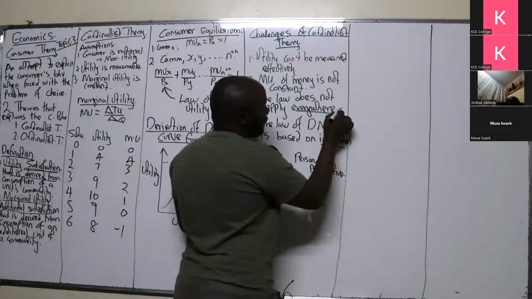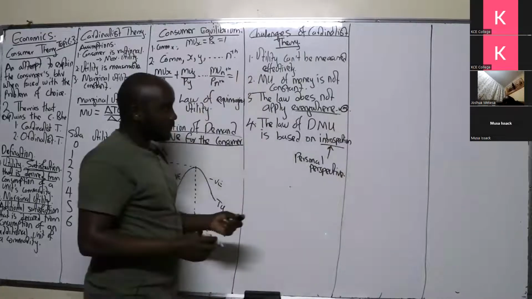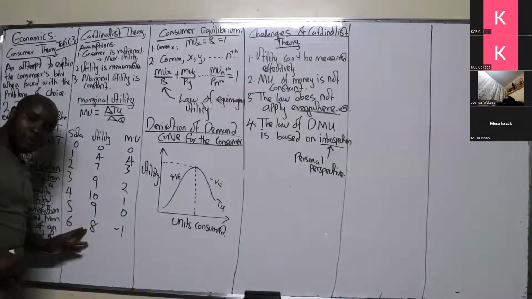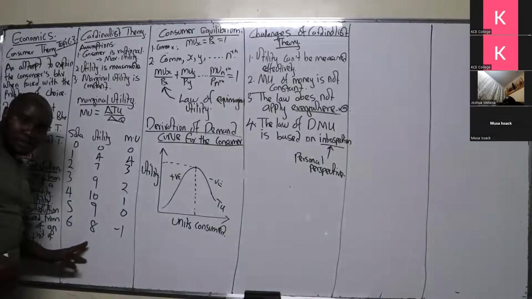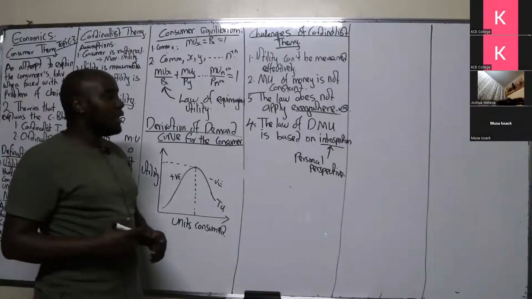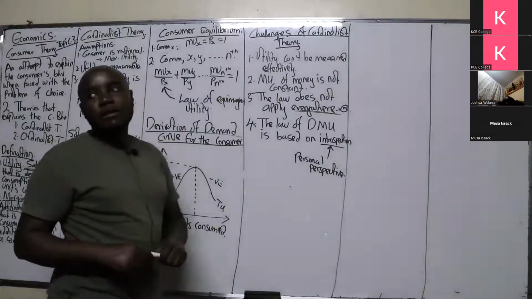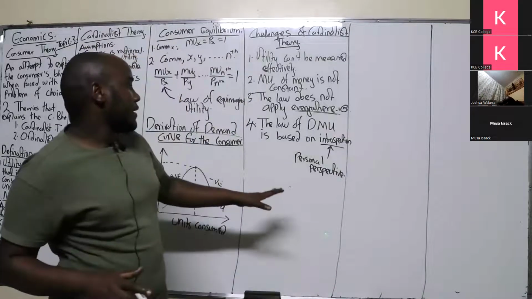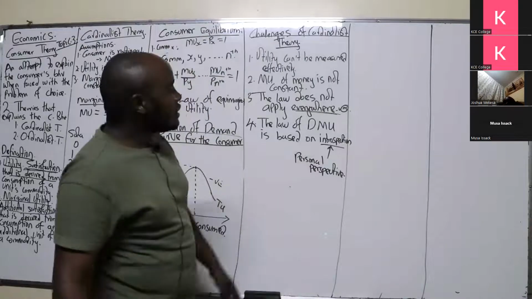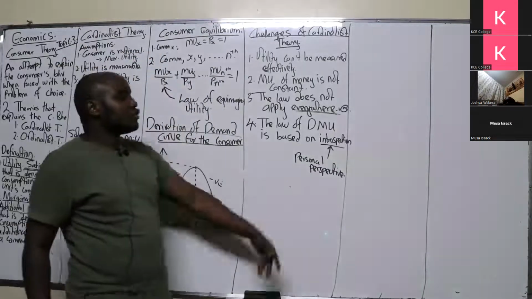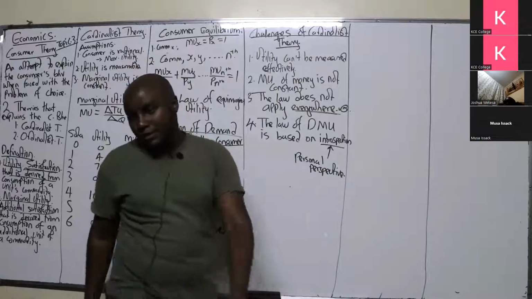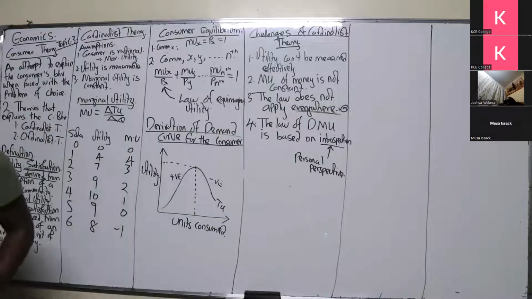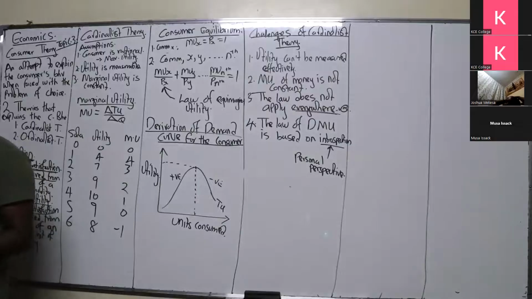Even with money, there is no situation whereby you arrive and say, now I'm satisfied, I don't want anything else. And lastly, the rule of diminishing marginal utility is based on introspection, the personal perspective of people, which is not quite a good thing.